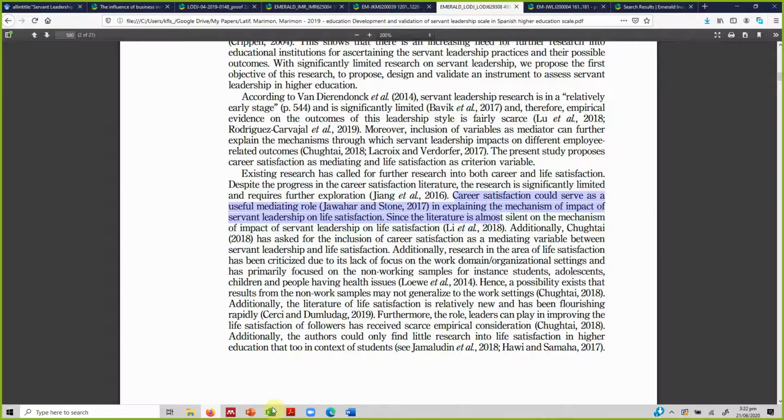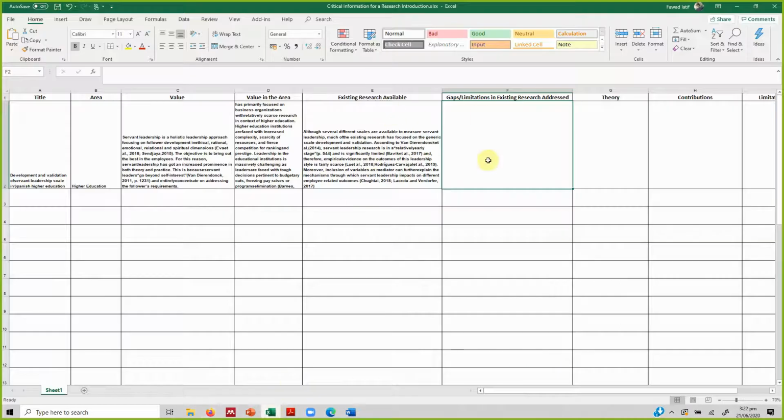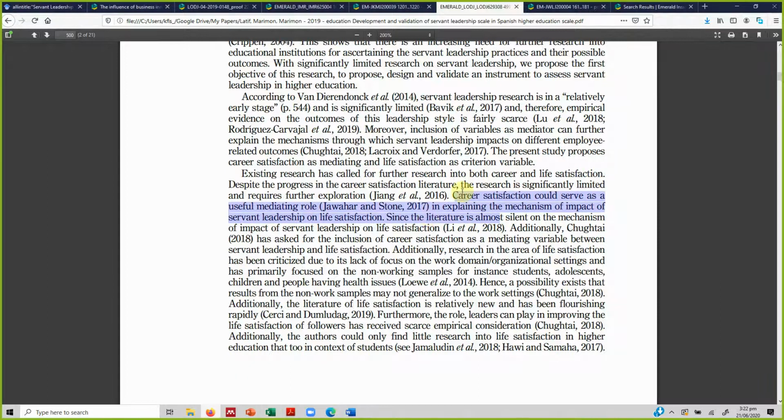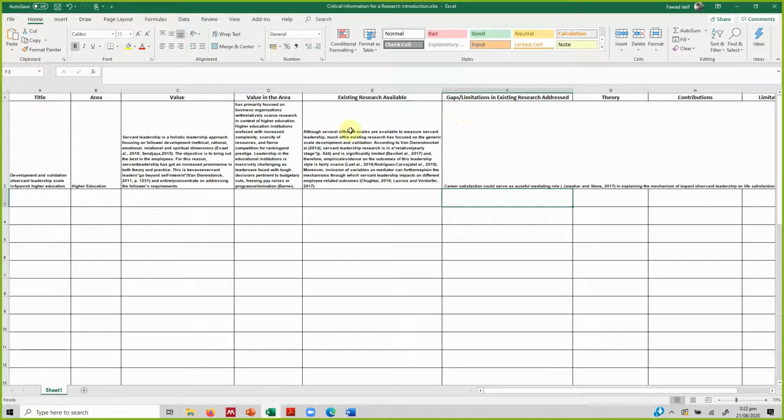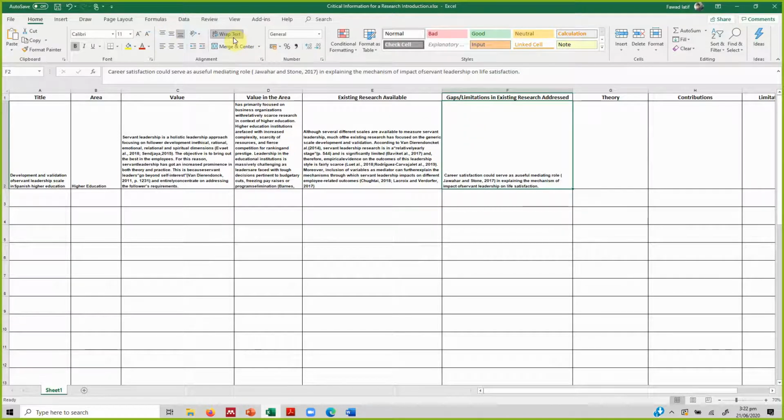I've mentioned before that these two things can go side by side. So what you can do is copy this text here, because this is one of the gaps that they addressed, and just paste it here. So while you read through your introduction, this is how you can copy and paste the information.